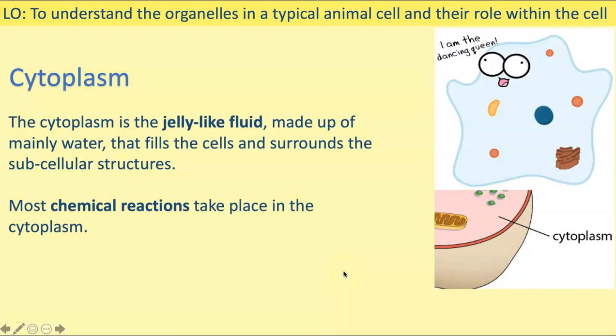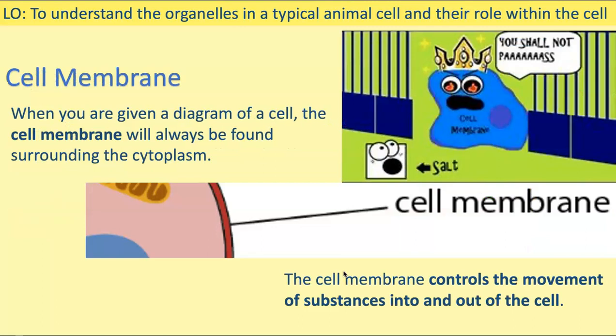Most of the chemical reactions that take place within a cell would take place in the cytoplasm. Next, we've got the cell membrane. When you're given a diagram, the cell membrane will always be found surrounding the cytoplasm. The cell membrane controls the movement of substances into and out of the cell.